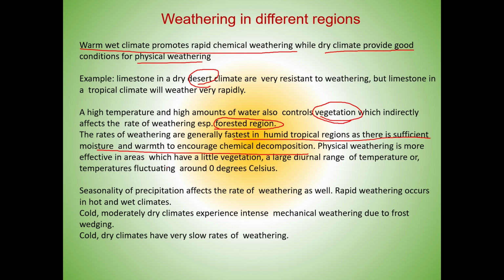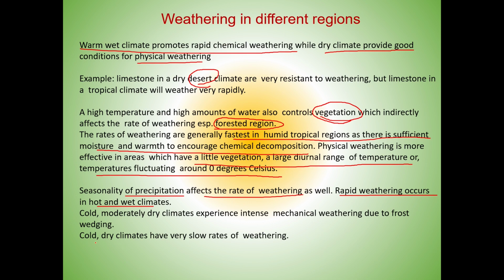Physical weathering is more effective in areas which have little vegetation, a large diurnal range of temperature like hot deserts, or temperature fluctuating around 0 degrees Celsius. Then seasonality of precipitation affects the rate of weathering. Rapid weathering occurs in hot and wet climates, especially chemical weathering.